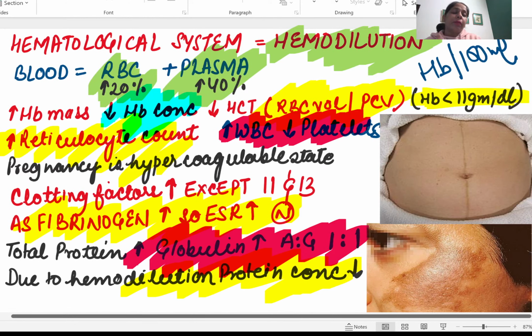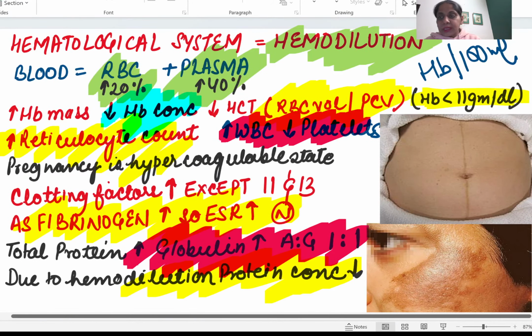So the albumin globulin ratio is reverse. It is 1 is to 1. Normally it is 2 is to 1 or 1.7 is to 1. So in pregnancy it is 1 is to 1. And for those who forget that globulin increases in pregnancy, in the pregnancy there are golu molu bacche. So that is why globulin increases. Okay, so it's just a mnemonic to learn.